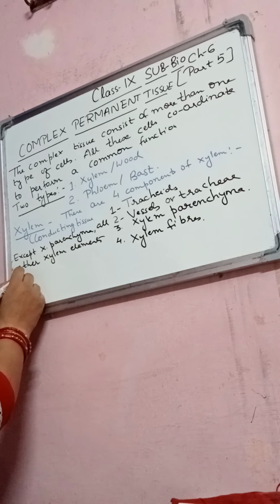Tracheids and vessels have thick walls. Look at the diagram of page number 72, figure 6.7. Tracheid A, vessels B and C, xylem parenchyma. Here you will look at the tracheid diagram where the pits are there, and tracheids are elongated cells with tapering ends.